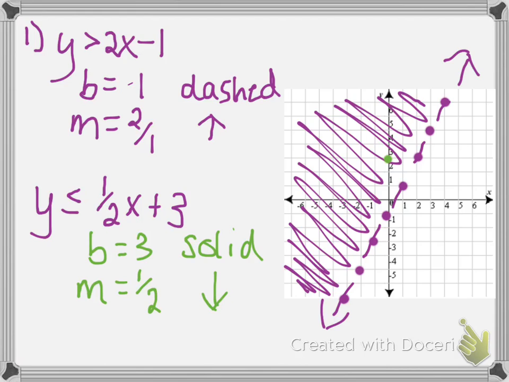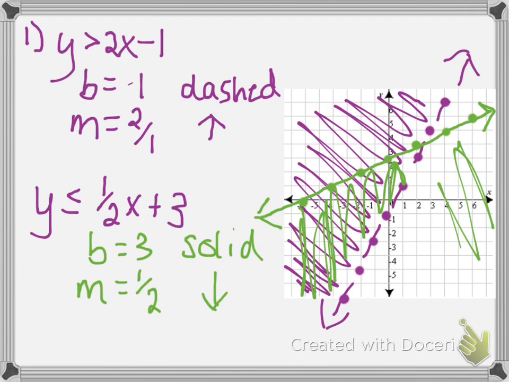Then go up 1 over 2. You can continue doing that. Or go down 1 to the left 2. This line is solid. And on this one, you are shading below.